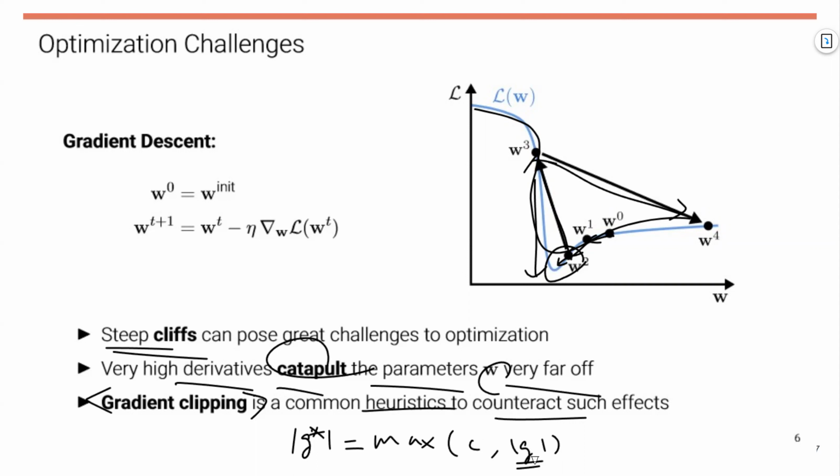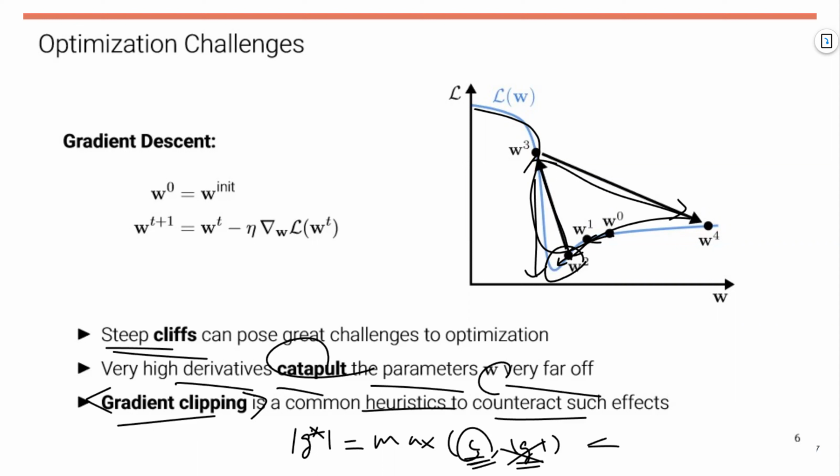And if this gradient value is larger than C, then we don't take this value, but C. So the maximum value any gradient can have is limited by C when we apply gradient clipping. This is one of the most common heuristics to counteract this kind of effect.